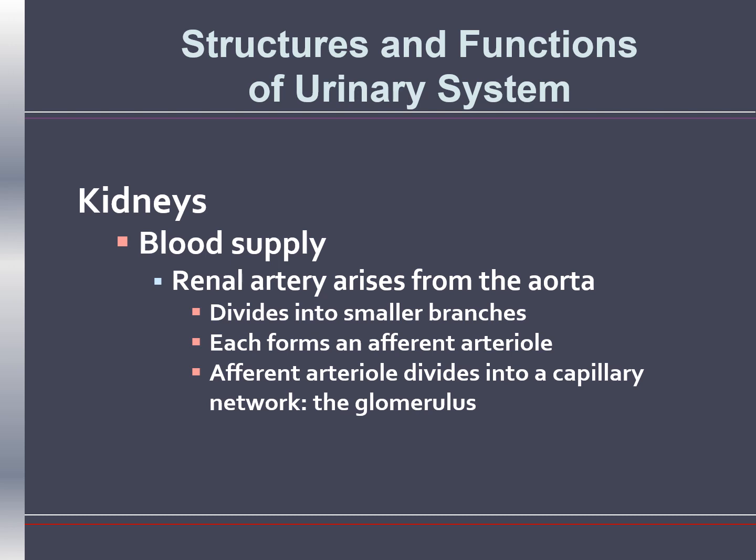Blood reaches the kidneys via the renal artery, which arises from the aorta and enters the kidney through the hilus. The renal artery divides into secondary branches and then into smaller branches, which each then have different arterioles to that different area. This then divides into a capillary network, which is called the glomerulus.